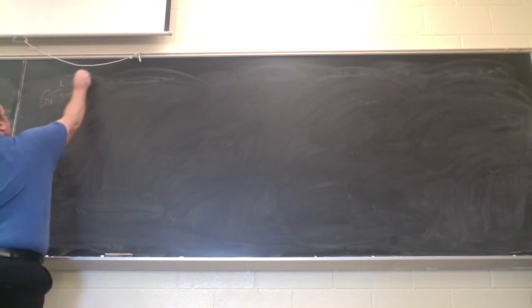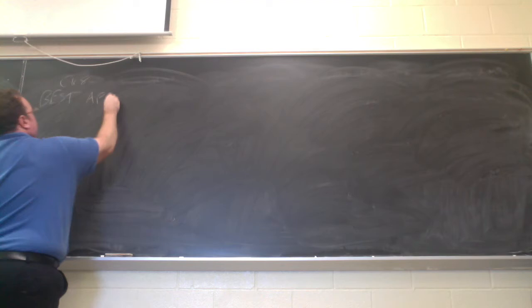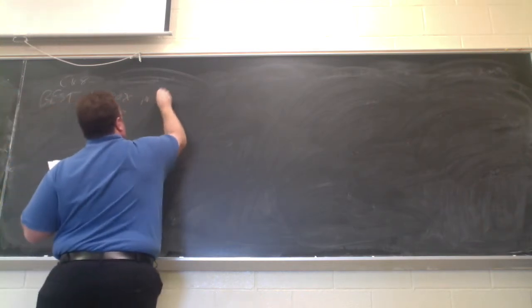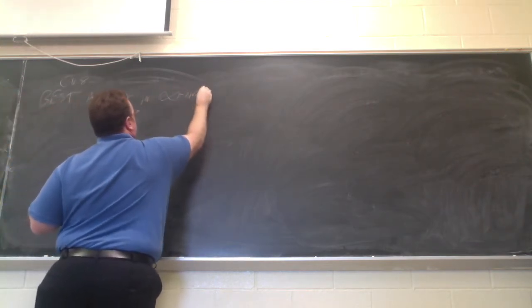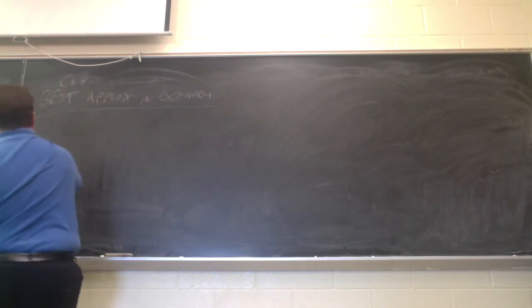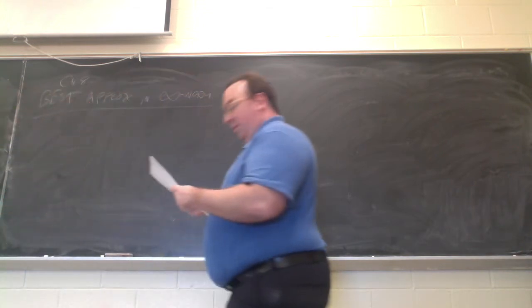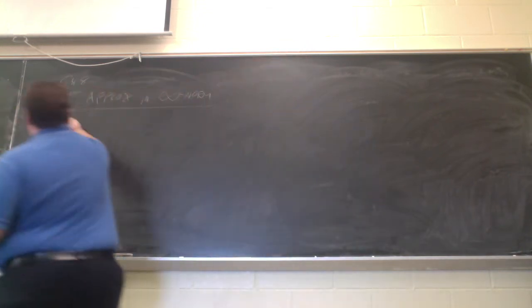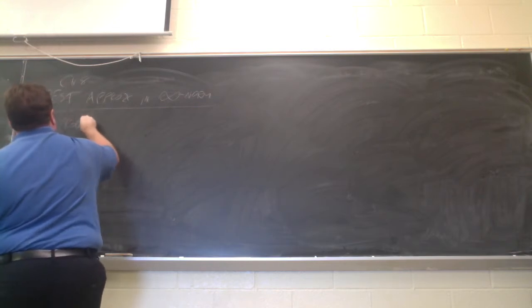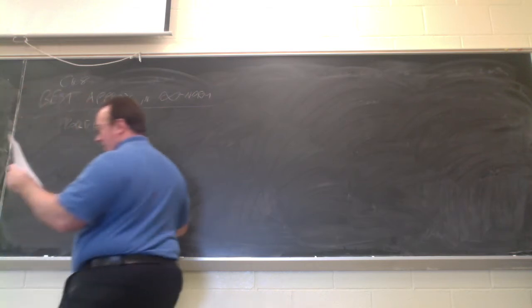This is chapter 8. Best approximation in the infinity norm, also known as the maximum norm. So here's the problem that we're to attempt to solve. And I say attempt because we're not going to really get that far with it.